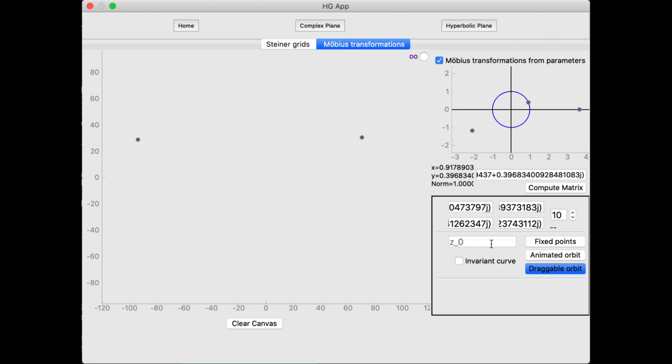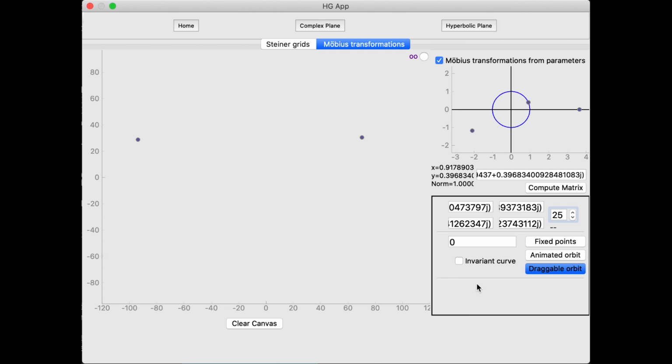Okay. And now let's pick a point. Let's say that I choose the point 0, and let's see what 25 points of its orbit under this Möbius transformation look like, animated.